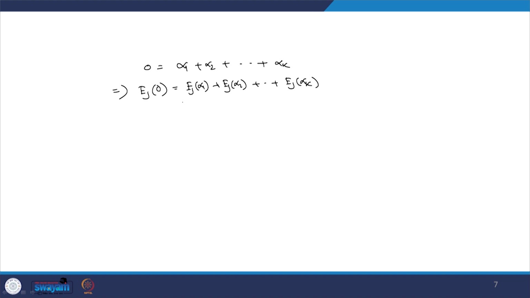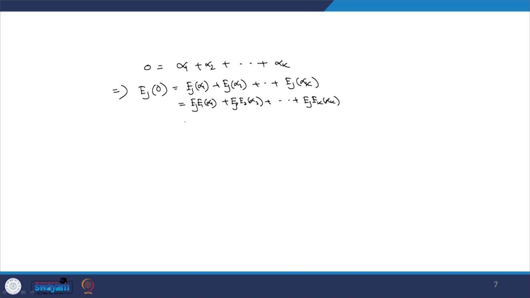But alpha i is in the range of Ei, so this will be equal to Ej E1 alpha 1 plus Ej E2 alpha 2 plus Ej Ek alpha k.